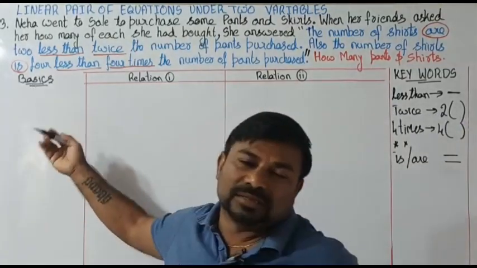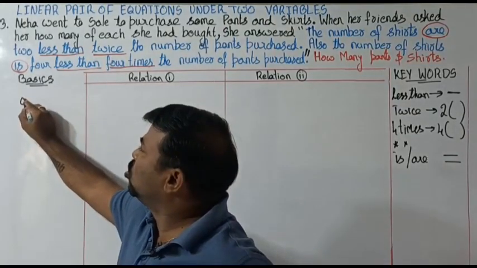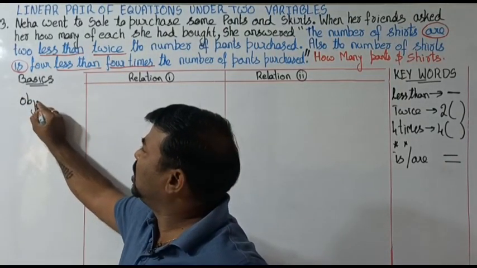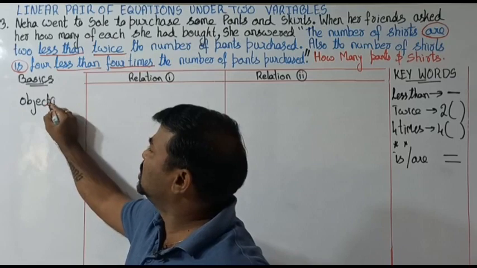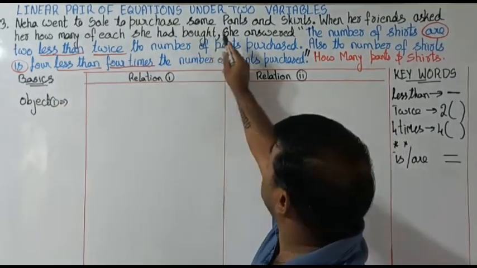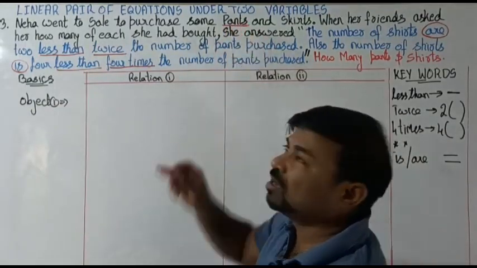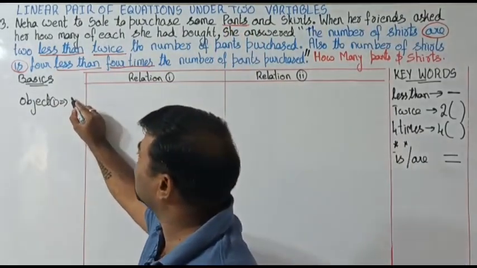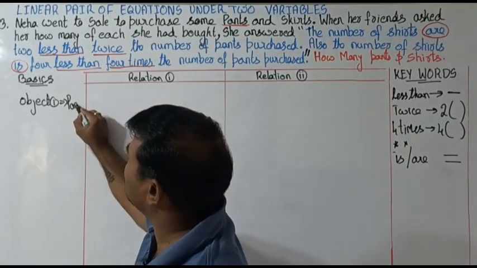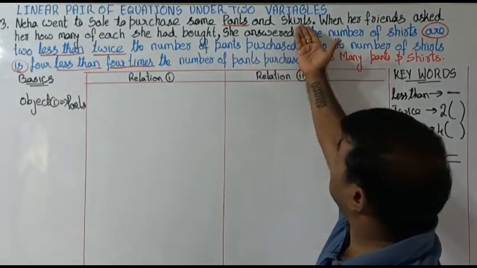So the first thing is nothing but the basics of the sum. I like to go under the basics. What is the object 1 he is talking about? Object 1 is nothing but the first one, the pants. So I like to take it as the first object. Now, what is the second object?